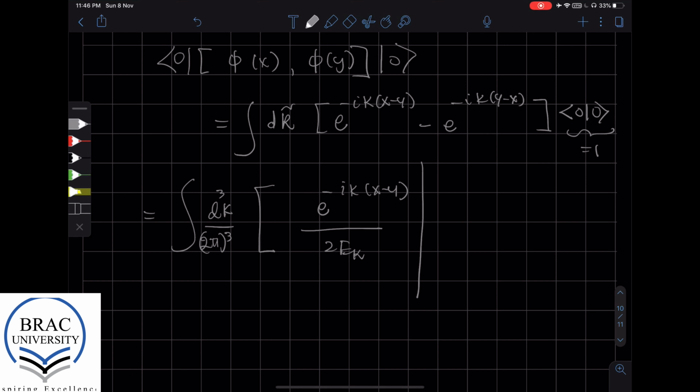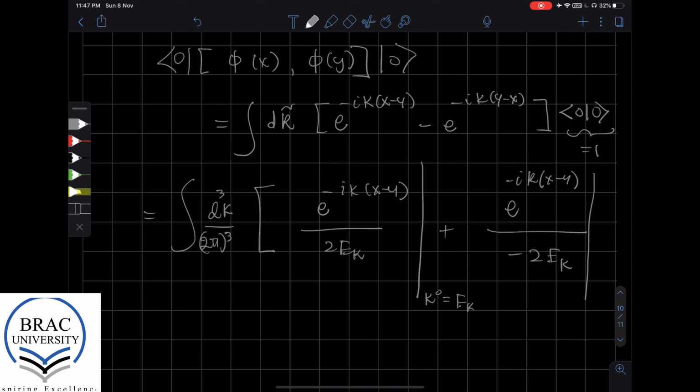And the k0, if you look at a four-dimensional vector k, its zeroth element is given by E_k. And then as a second term, we can write e to the power minus i k (x minus y), divided by minus 2 E_k.